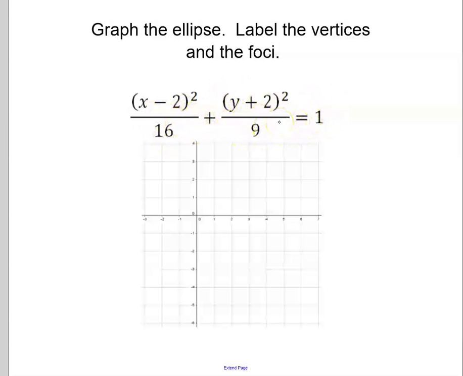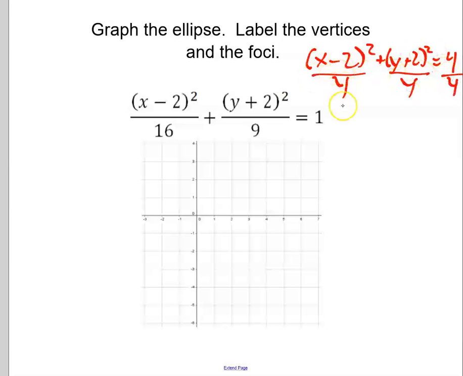And if you had a circle, circles might look like this. You could try and write this in the same format as an ellipse. So if you divided this by 4, you'd get x minus 2 squared over 4 plus y plus 2 squared over 4 equals 1.